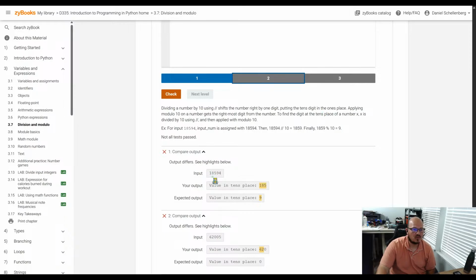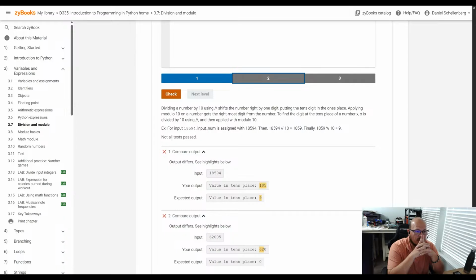Putting the tens digit in the ones place. So that's 4. Applying modulo 10 on a number gets the rightmost digit from the number. To find the digit in the tens place, a number x is divided by 10 using floor division, and then applied with modulo 10.